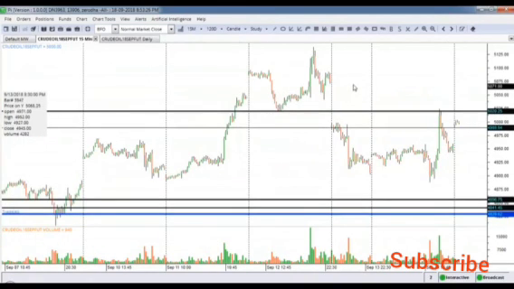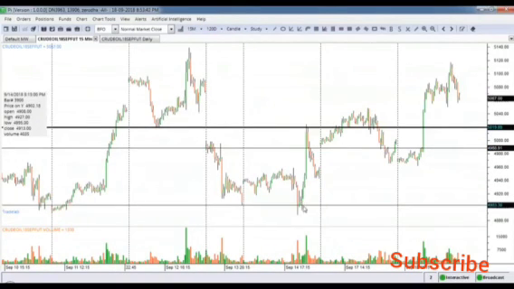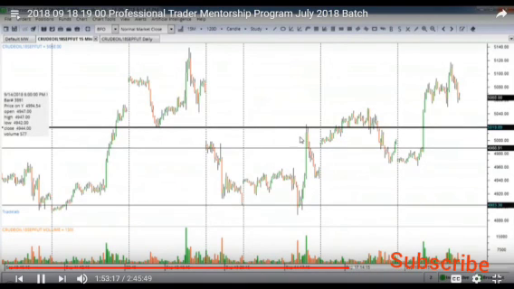Now after this, let's see. This seems to be a level. It went down and kind of recovered. So there's a level formation here. When the level formation happened, after that it started breaking what? Highs, right?